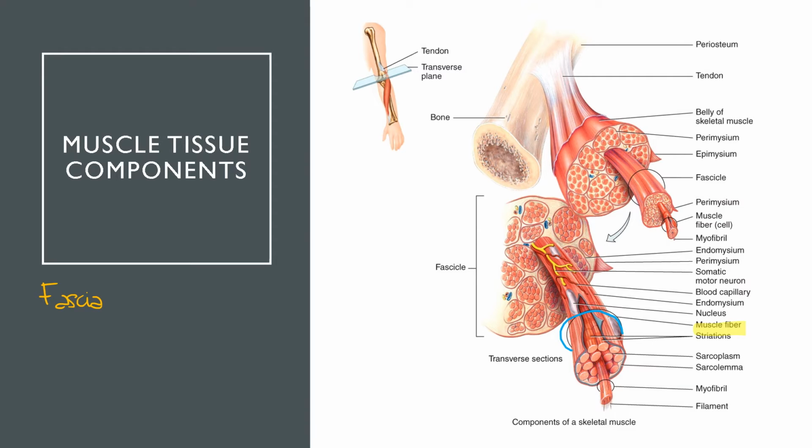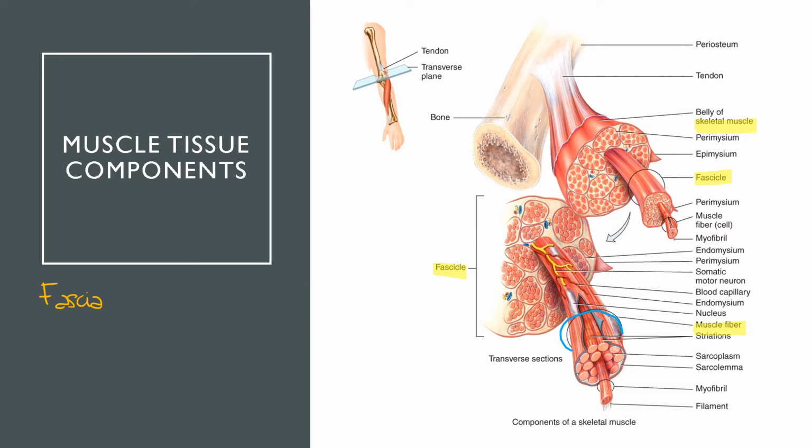And muscle cells will combine to each other to create a fascicle, and then multiple fascicles will combine to create the entire skeletal muscle. Now there are 3 layers of connective tissue that extend from the fascia to protect and strengthen skeletal muscle.